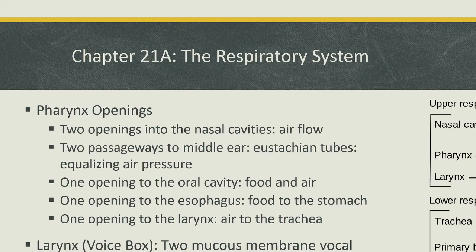So, for example, if you go on an airplane, or even just driving up to Auburn, a lot of people would feel that kind of pressure in their ears, and that's because the pressure inside the ear is no longer matching the air pressure outside, because the air pressure outside has changed.